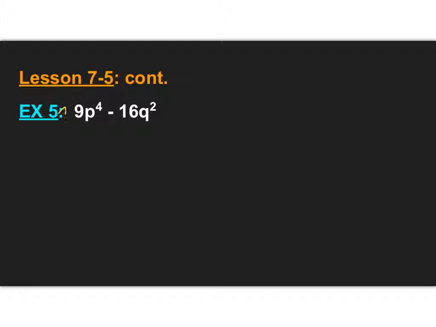All right, so the square root of 9p to the 4th. The square root of 9 is 3. Remember, your index here is 2, and you're going to divide this exponent by that index. So to get the square root of p to the 4th, you divide that by 2, so you get p squared. And then the square root of 16q squared: the square root of 16 is 4, the square root of q squared is q.